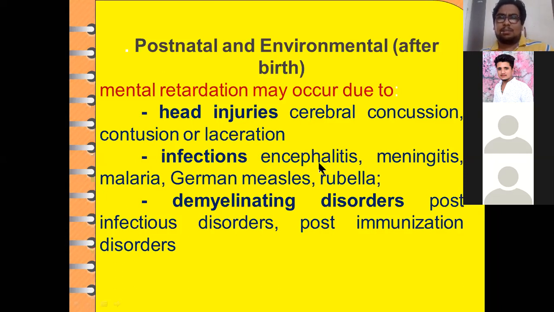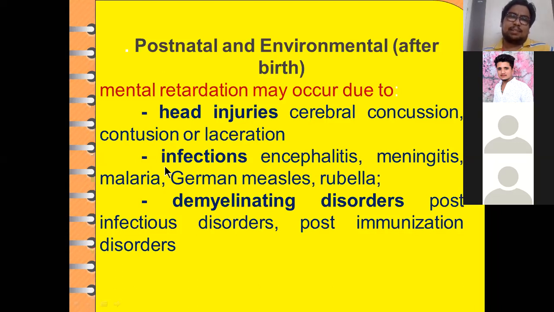Infection, which I already told you, common bacterial infections like encephalitis, meningitis, malaria, German measles, and rubella are causes of mental retardation in the postnatal period. And demyelinating disorders, for example, the nerve which has the myelin sheath.